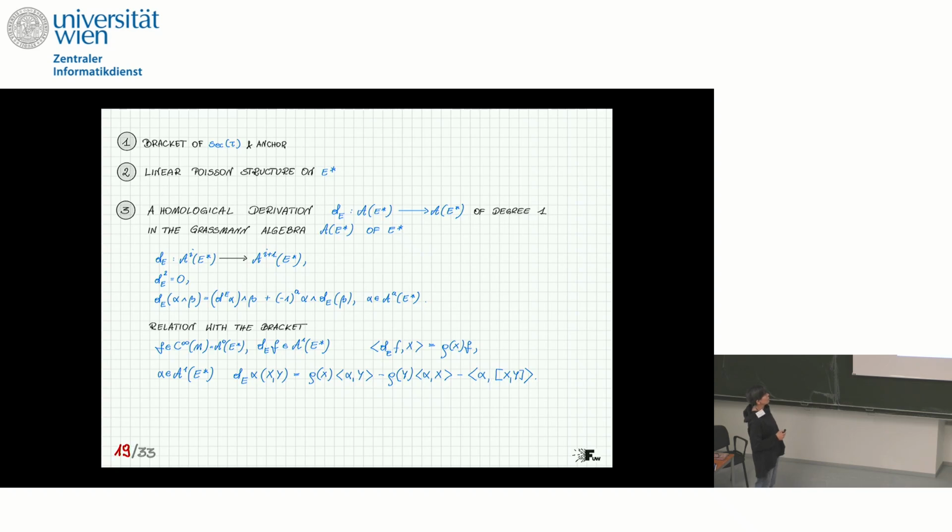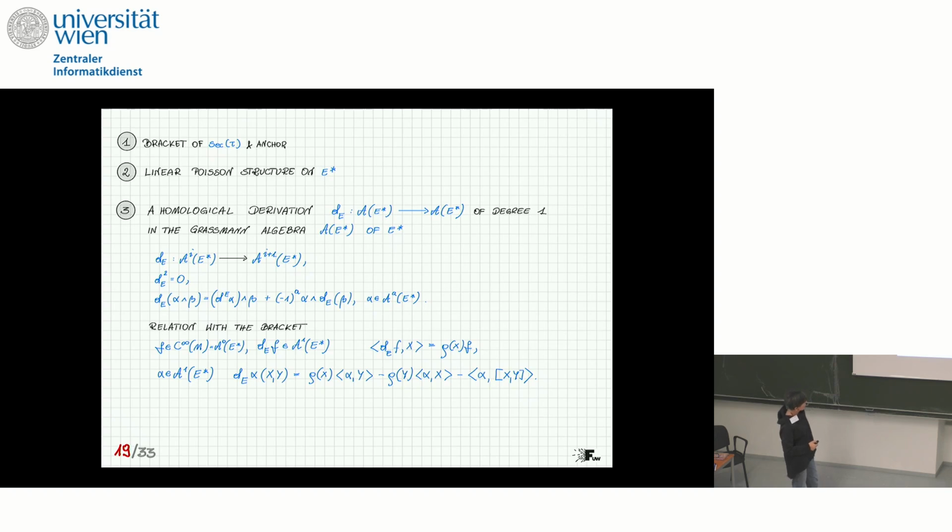On the level of TM, we have a Lie bracket of vector fields here and the symplectic structure on T star M. So this is the first definition, the second, the symplectic structure on T star M. Then another approach could be via the derivation defined on sections of the exterior power of E star.